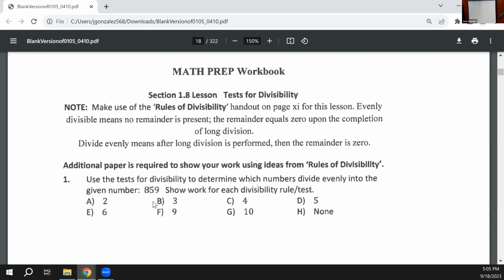Right, it doesn't go in. So that means 3 does not go into 859. So just sum the digits. That's all you have to do. Any questions on why we cannot divide by 3? Is that clear? We're just following the rules.